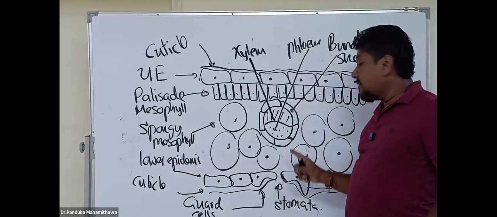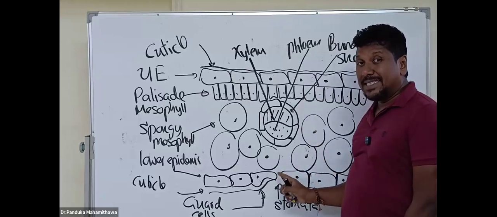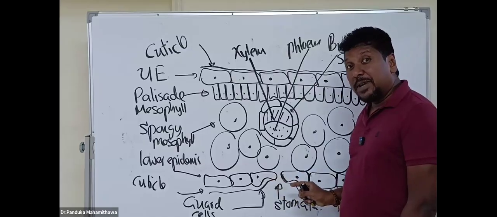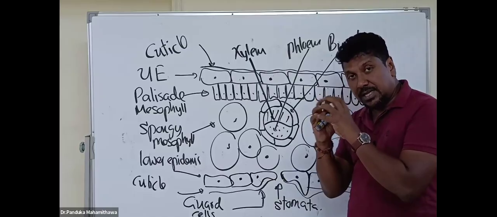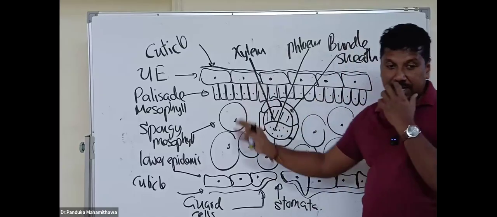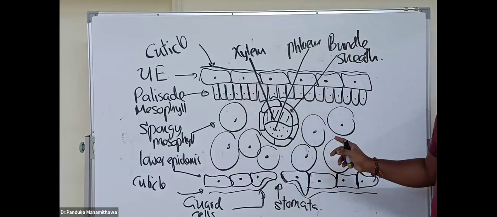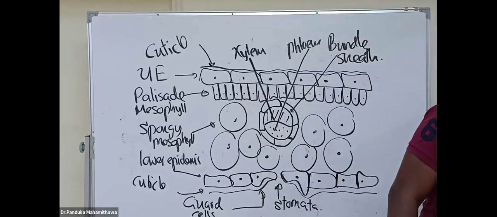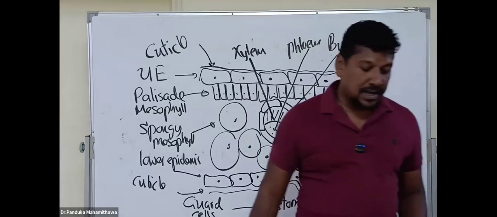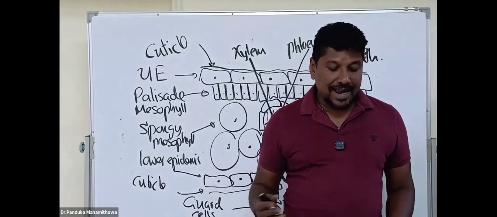In dicots, the stomata are placed only in the lower epidermis. And these are the guard cells which make the stomatal opening. So quickly mark these things in your tute drawing.